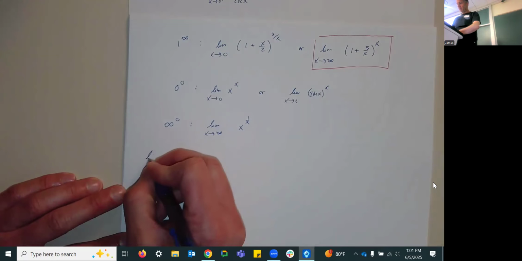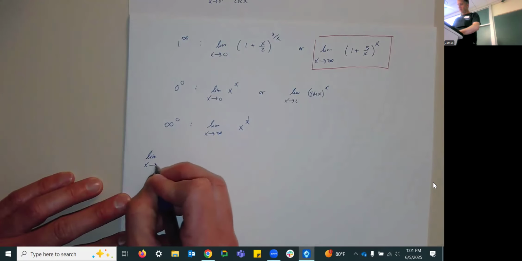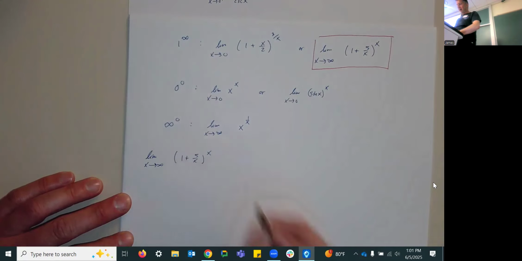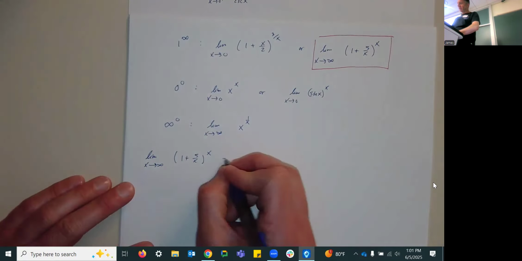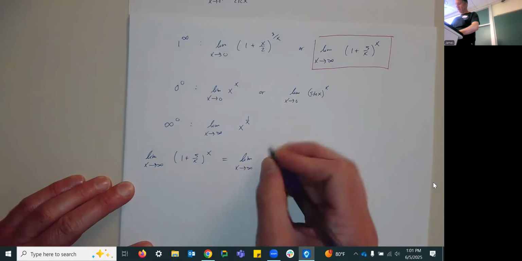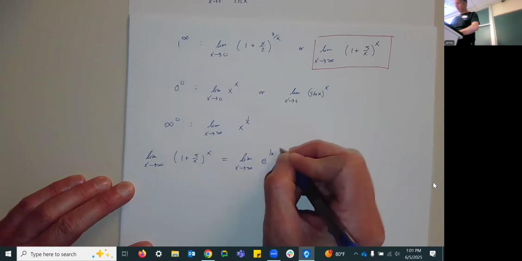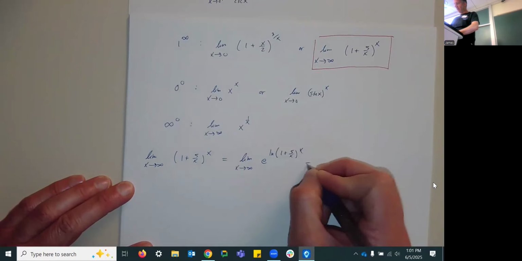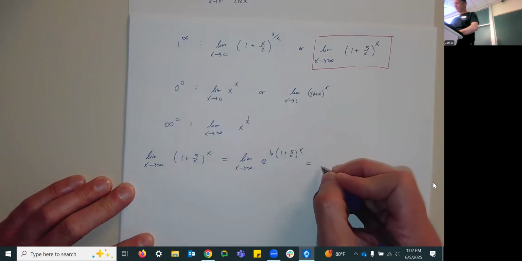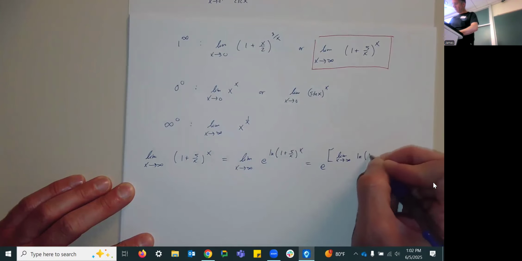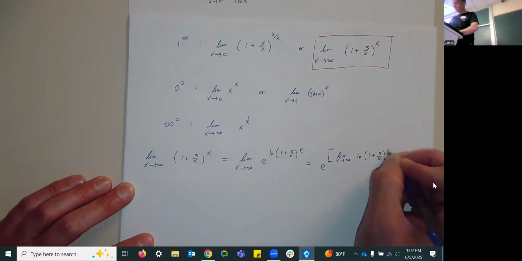So for this limit, as x goes to infinity of 1 plus 5 over x to the x, I probably prefer to think of it as the limit as x goes to infinity of e to the natural log of 1 plus 5 over x to the x. And then I'm going to rewrite that as e to the limit as x goes to infinity of the natural log of 1 plus 5 over x to the x.